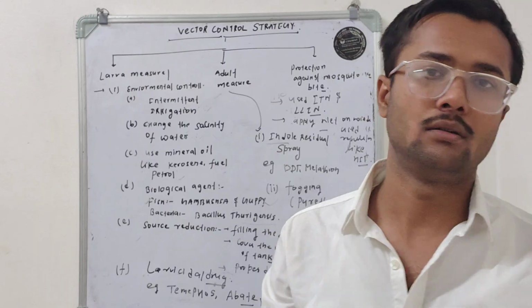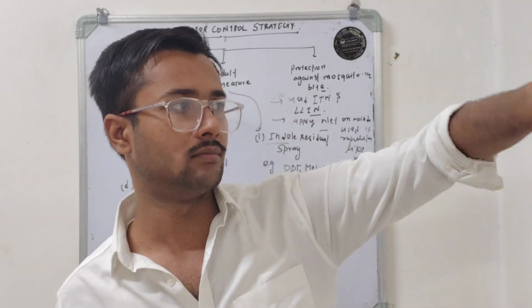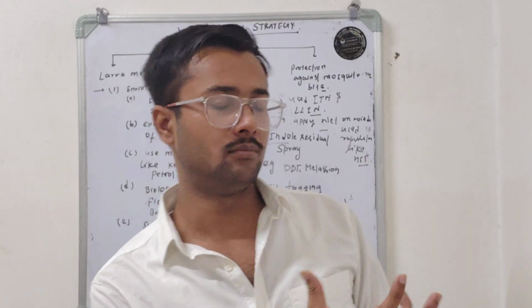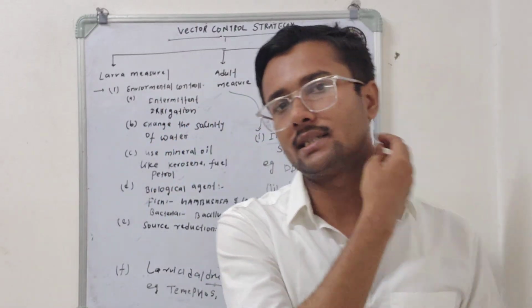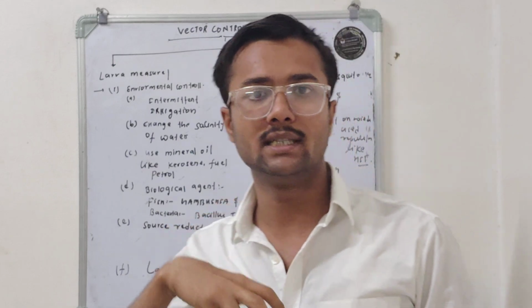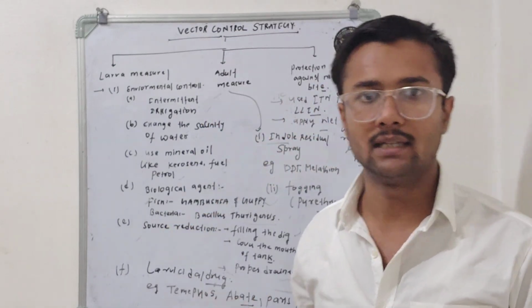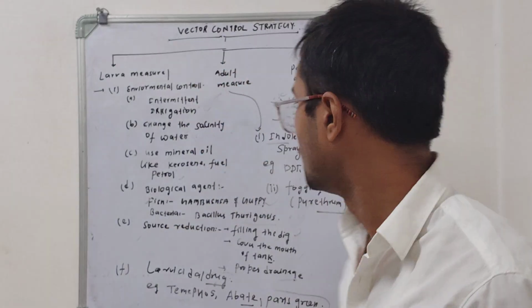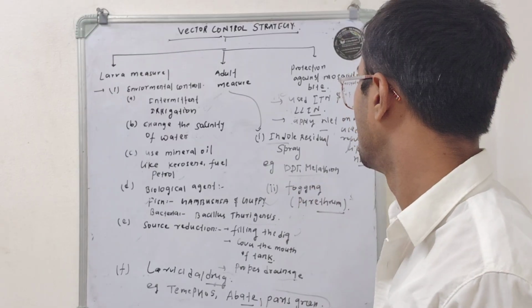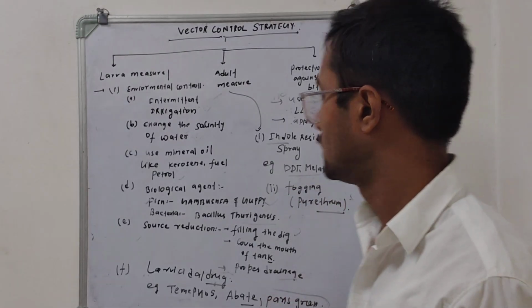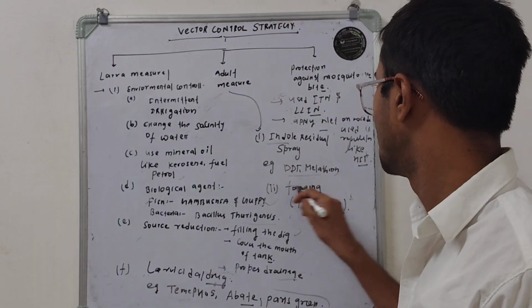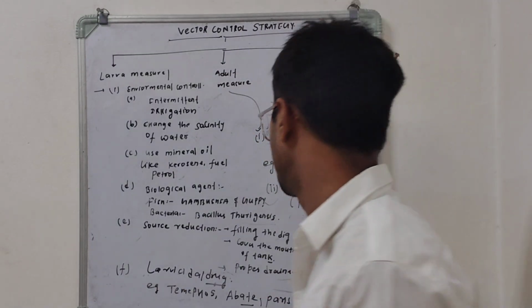So whenever the mosquitoes sit on the walls, which contain insecticides, by way of inhalation the poison enters into its body, and finally the mosquito will die. In indoor residual spray we use two things: DDT and malathion. DDT and malathion are the two things which are used in indoor residual spray.